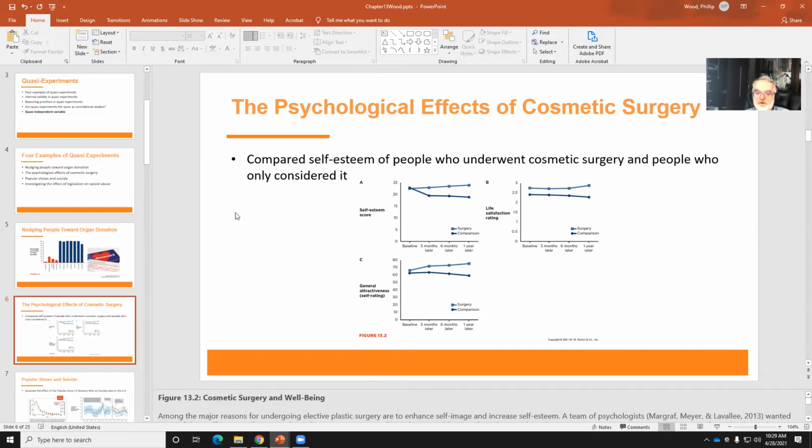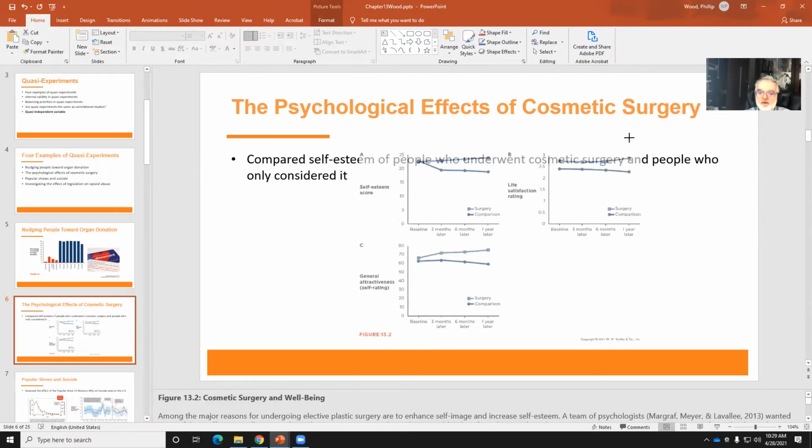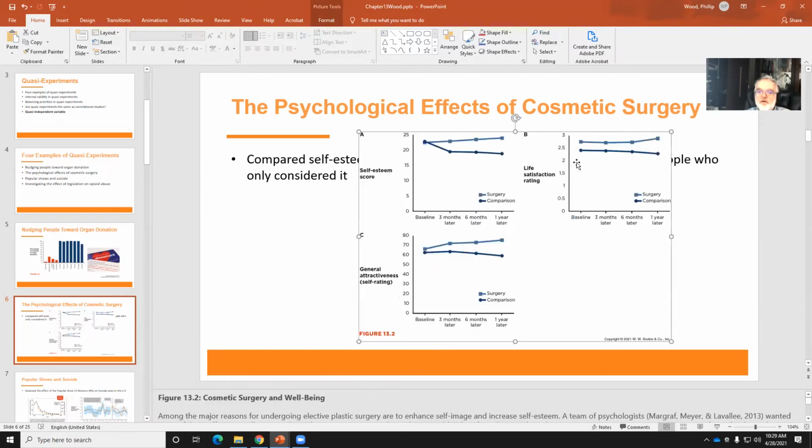One clue in this particular figure, as you're looking at it, is at baseline on life satisfaction. It seems like there's a difference between the two groups. And on some of these other variables like self-esteem, it looks as though there's comparability at baseline.